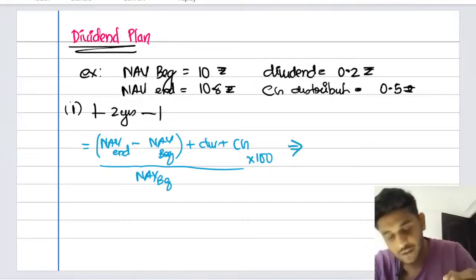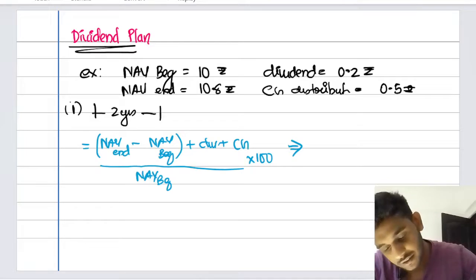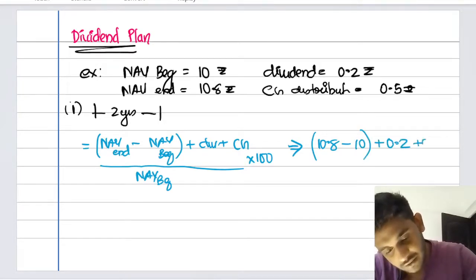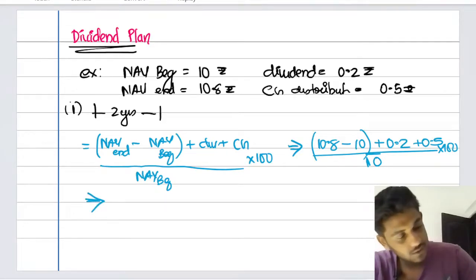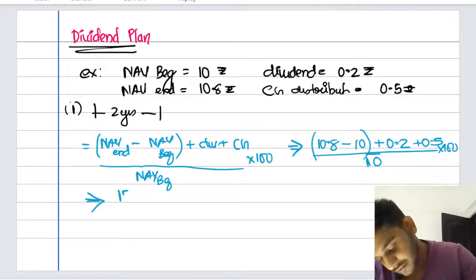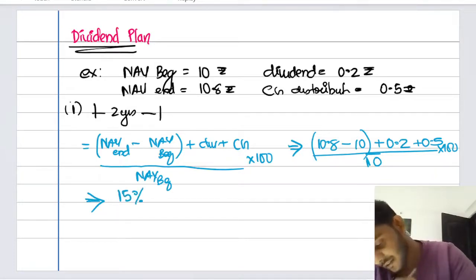Right? So everything is given here. NAV at the end is 10.8, NAV at the beginning is 10, dividend is 0.2, capital gain is 0.5, all divided by NAV at the beginning, that is 10, multiplied by 100. The answer will come to 15%.